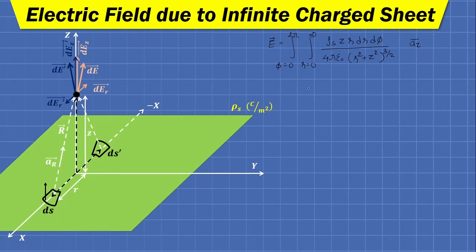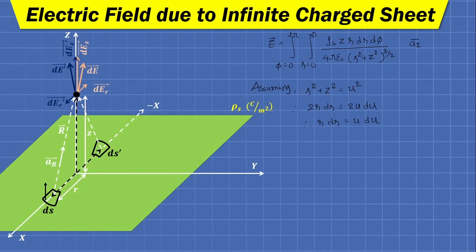So here we are taking r square plus z square equals u square. So we are assuming that r square plus z square equals u square, and that is why 2r dr equals 2u du, or further we can also write r dr is equal to u into du.